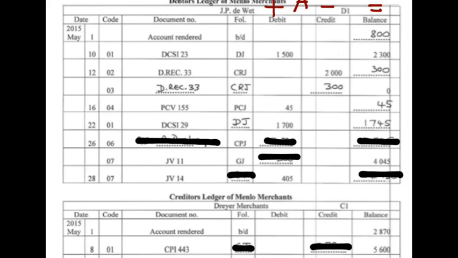Now the next one is a little bit of a tricky one because there are 3 things missing in that entry. So first consider the next entry, that is journal voucher 11, coming from the general journal. Together with the previous line, the CPJ, it tells me that there probably was an RD cheque and it's discount that needs to be reversed.